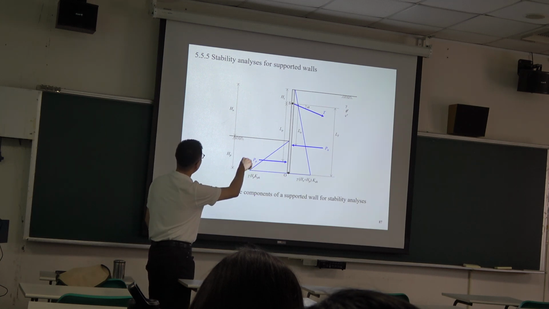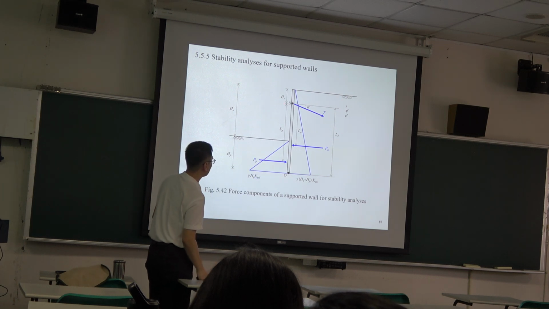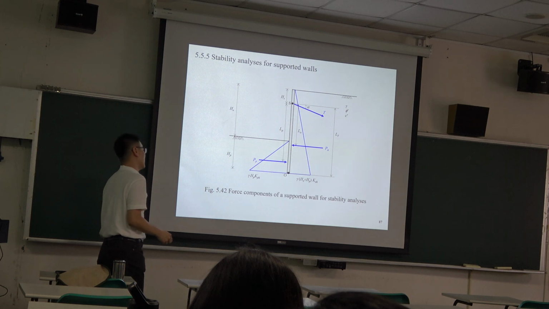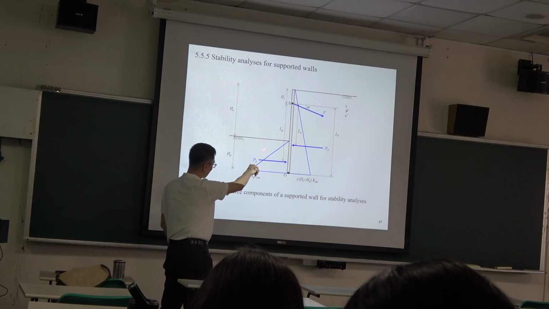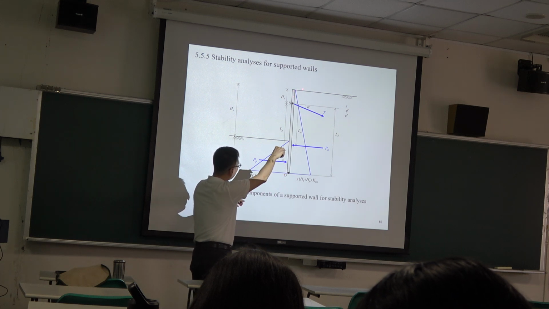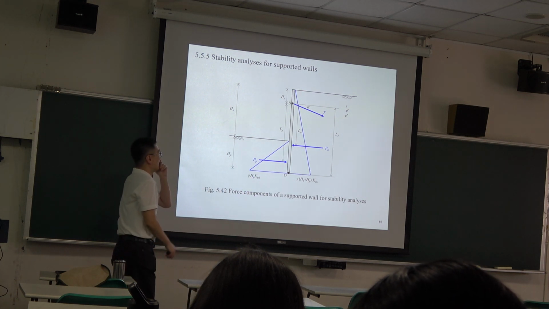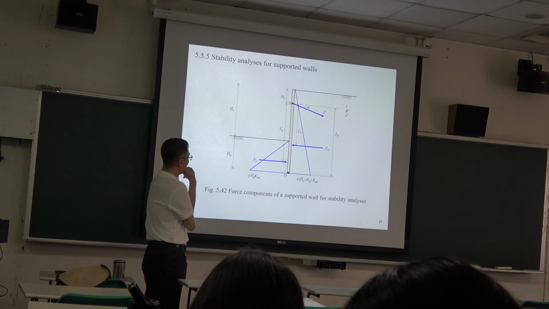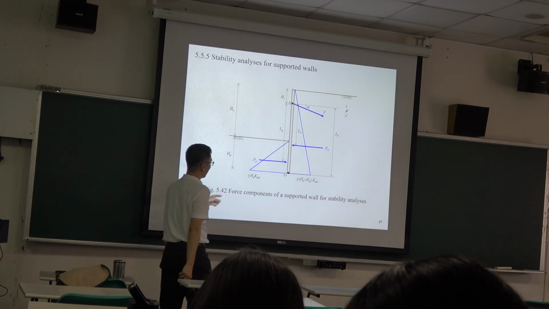Okay, then this part is for supported wall. We have an anchor type support. Okay, so passive side is here, and active side is here. Then we have a certain depth, so 0.0.